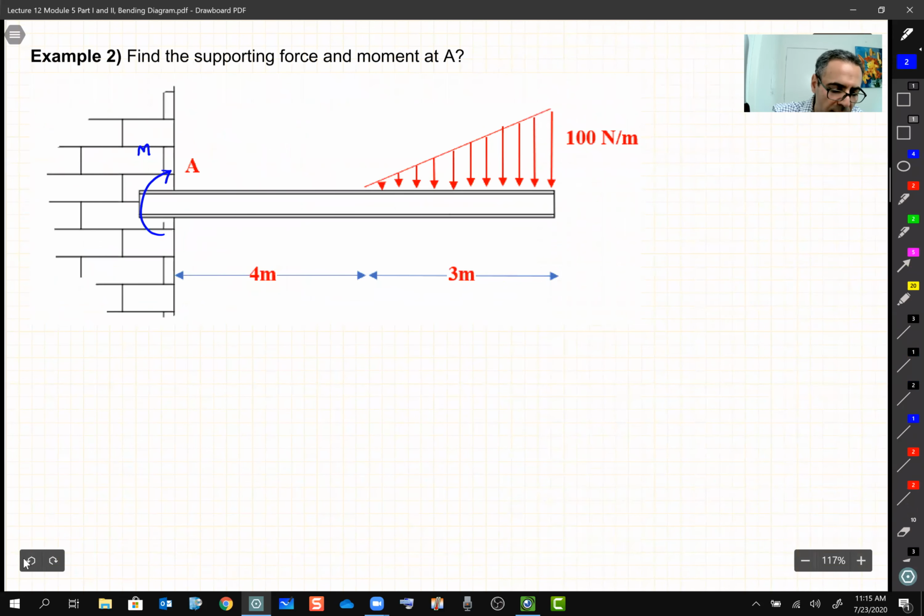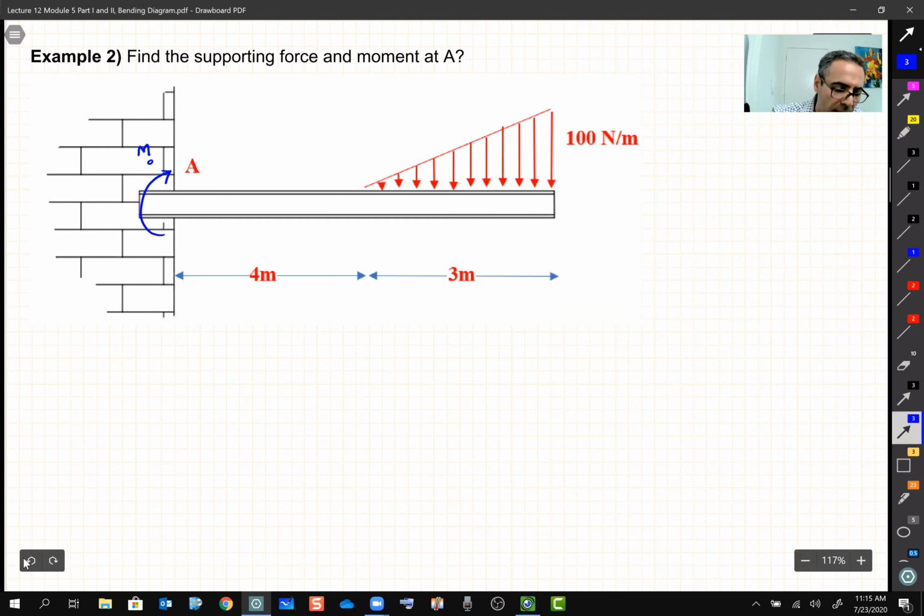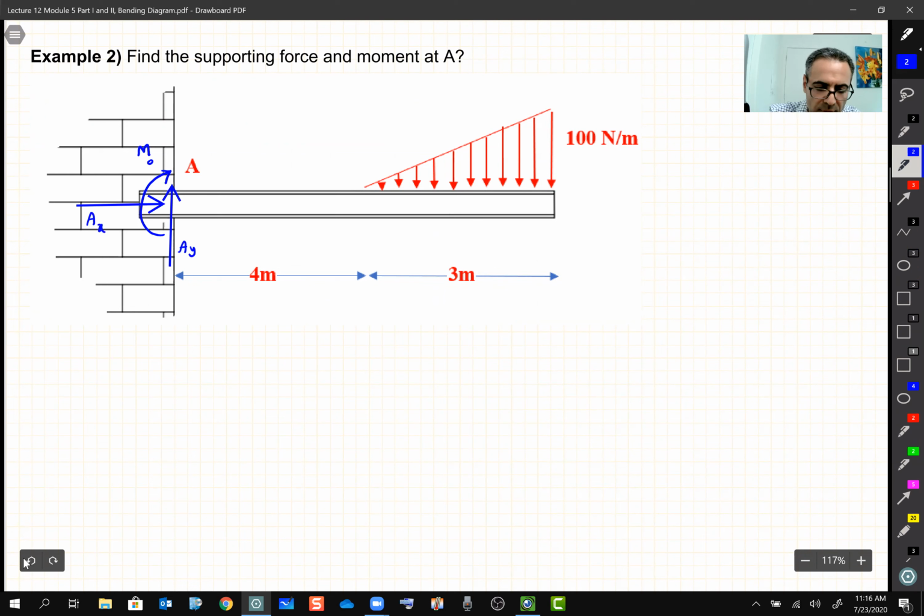Let's call it M0 or MA, whatever you want to call it. And then we have this AY and AX. So a fixed support has 3 unknowns.